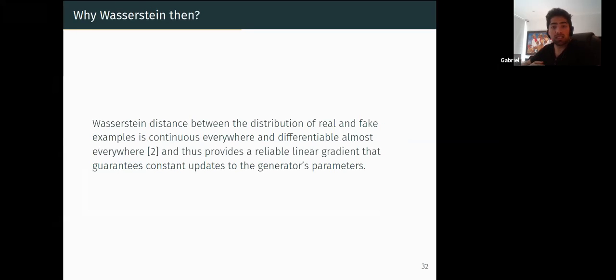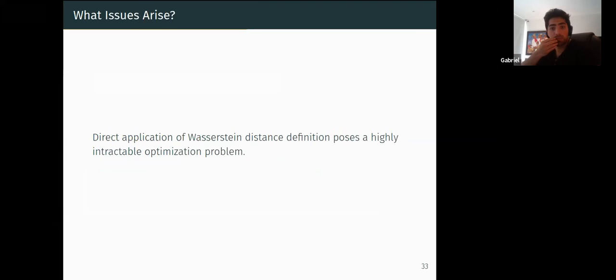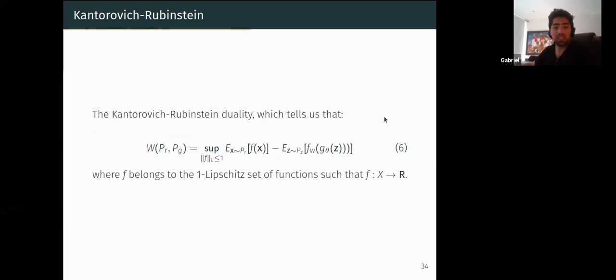However, as I told you, the direct application of Wasserstein distance poses a highly intractable optimization problem. Luckily, there's a duality that basically turns our Wasserstein distance between those probability distributions into a supremum of the difference between two expectations.